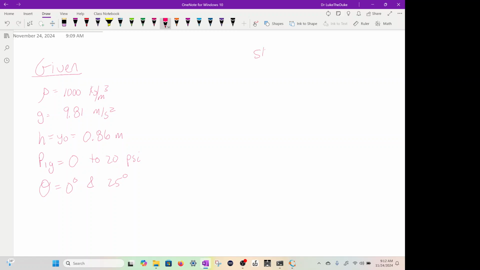So let's make a sketch. Let's do black. Okay, so here's the squirt gun, rough idea. And then we have water shooting out, and then it falls. Okay? So let's put some coordinates on here.